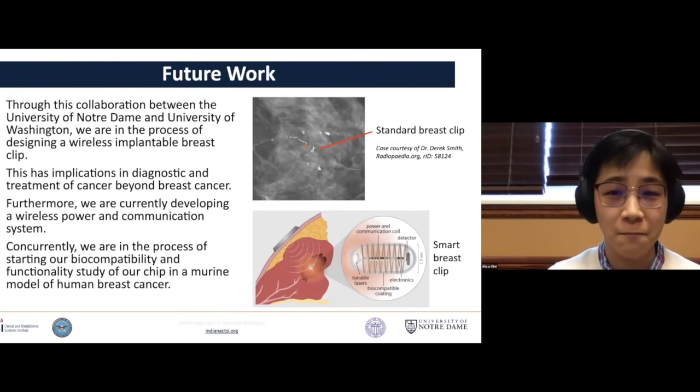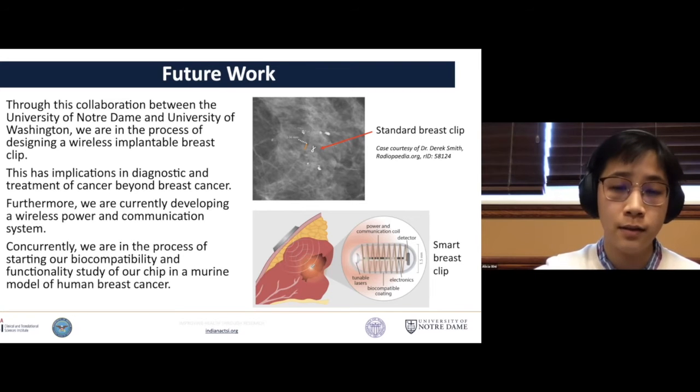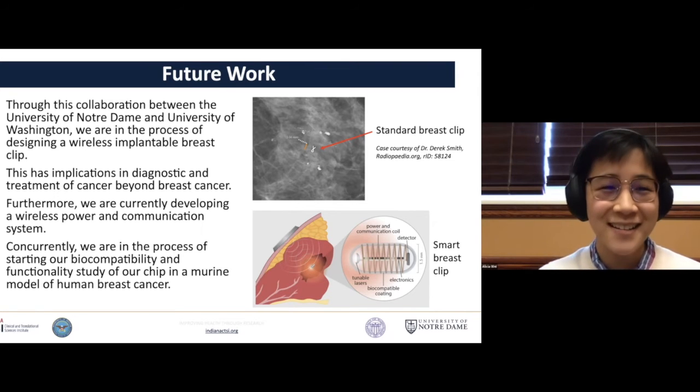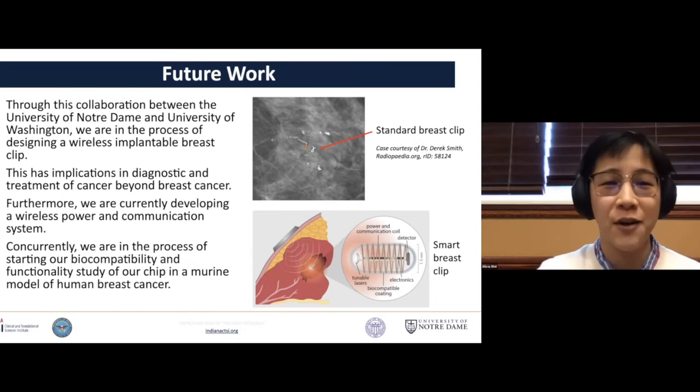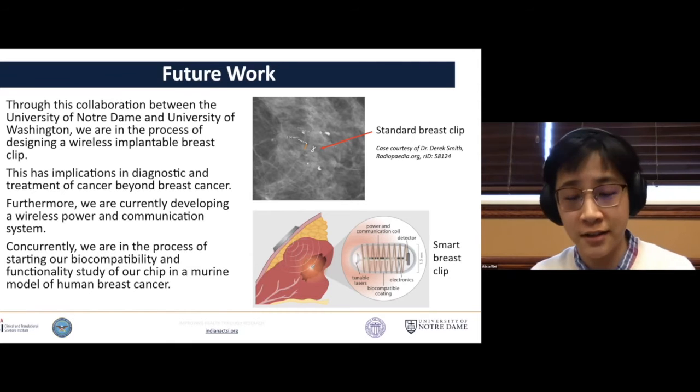So for future work, the images on the right are from the first slide, so we're familiar with them. This work is in collaboration with the University of Washington, and they are designing the wireless implant part, or making the current wired version wireless. Just to reiterate, this design has implications in diagnostic and treatment of cancer beyond just breast cancer.